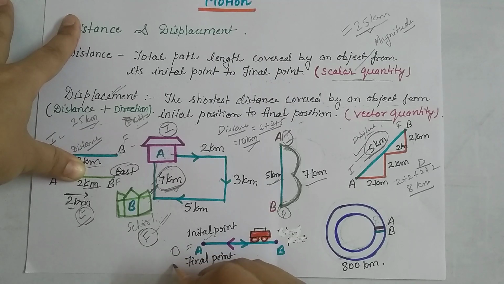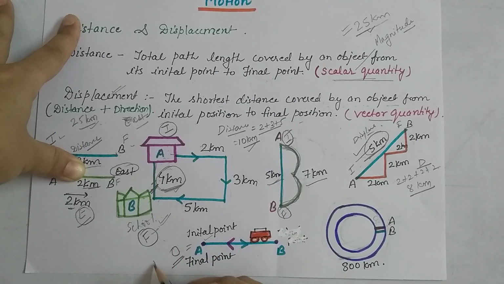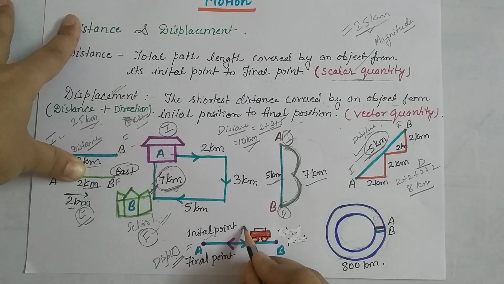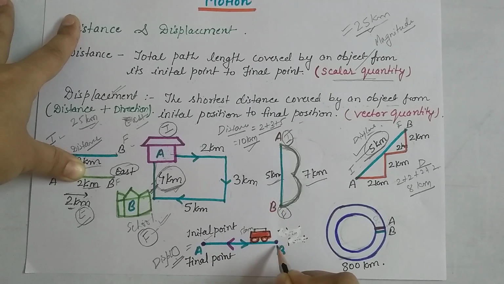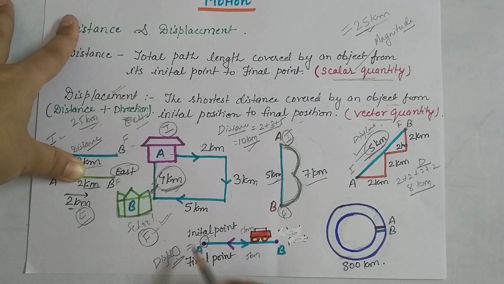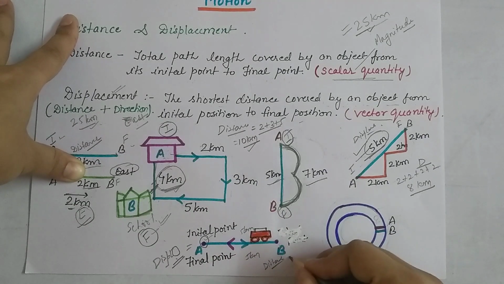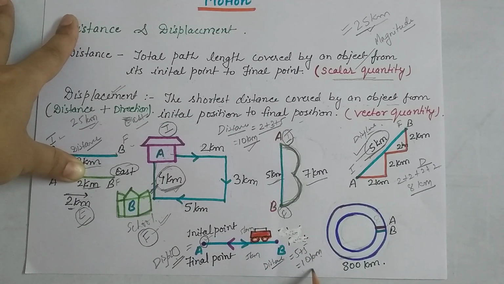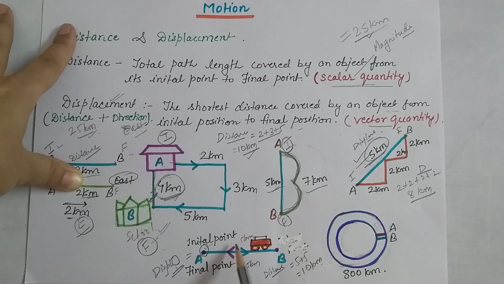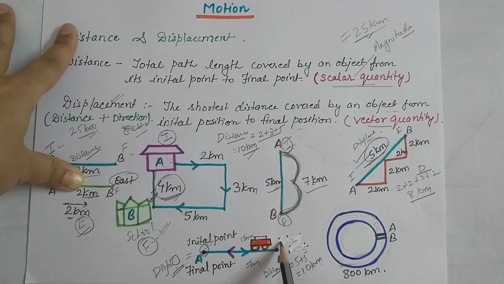It's 0, because the bus moves 5 kilometer to point B, and comes back 5 kilometer to point A. So the distance covered is 5 plus 5, 10 kilometer.